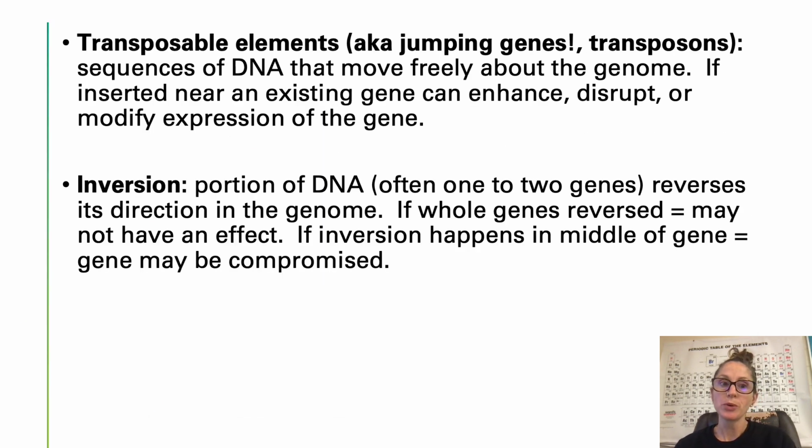Okay, there's really cool things called transposable elements. They're also called transposons and affectionately called jumping genes. So these are sequences of DNA that move freely around the genome. If they are inserted near an existing gene, they can enhance that gene, or they could disrupt that gene, or they can somehow modify the expression of that gene.